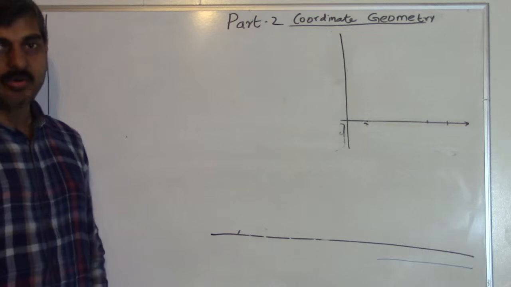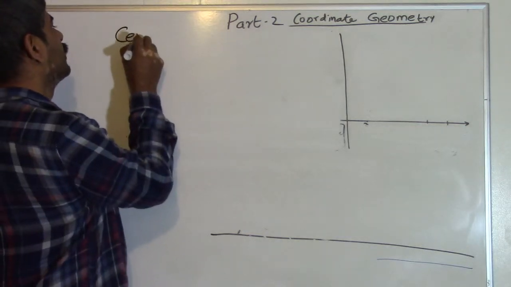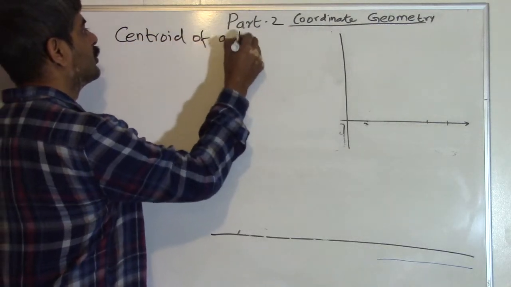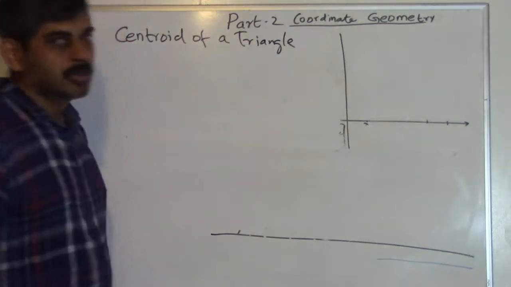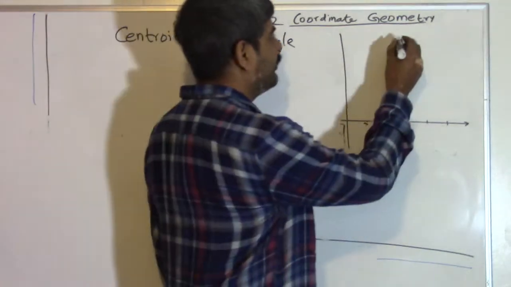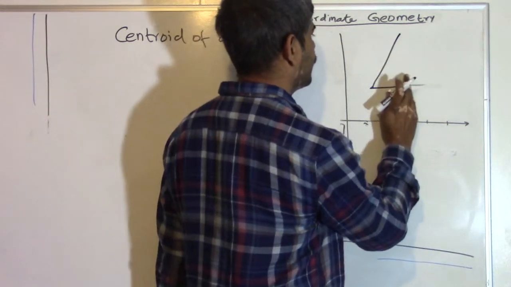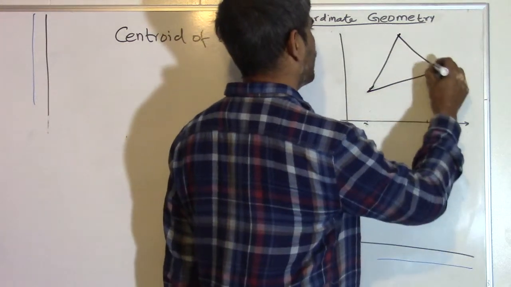So we'll talk about the centroid of a triangle. Let's say we are given a triangle like this, any arbitrary triangle. It's not any regular triangle. It can be any arbitrary triangle.